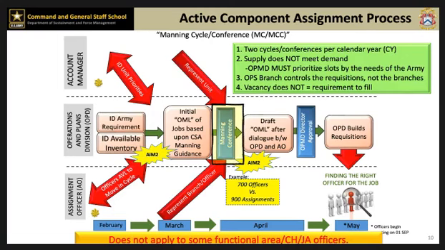HRC will then validate this requisition at a manning conference. If this requisition is not validated at the manning conference, it will not be filled. Many times, valid shortages are not filled, mainly due to unit priorities.